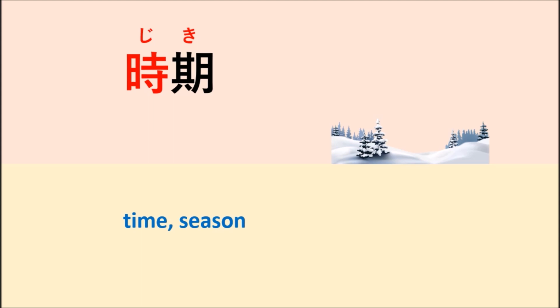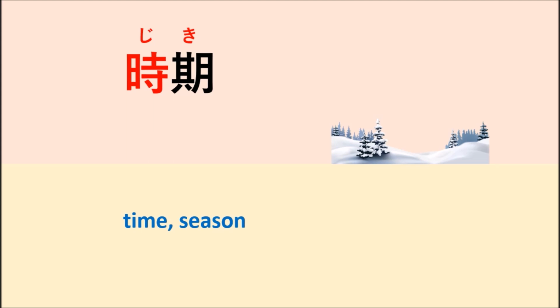Jiki means time or season. The kanji ji means the time, and the kanji ki means the period from some time to some time. For example, the winter period or the summer period.